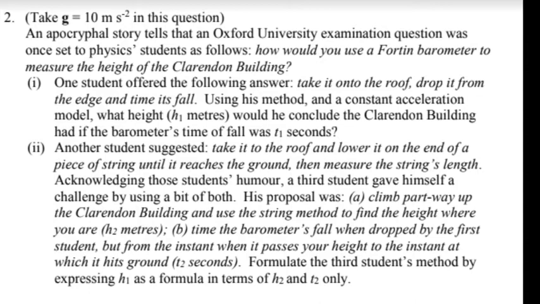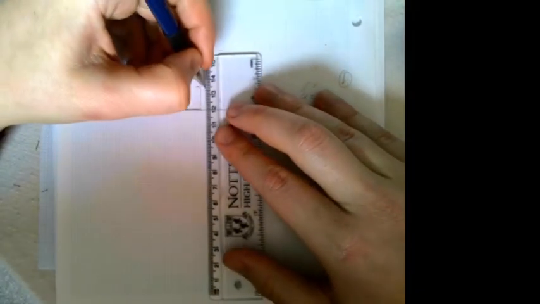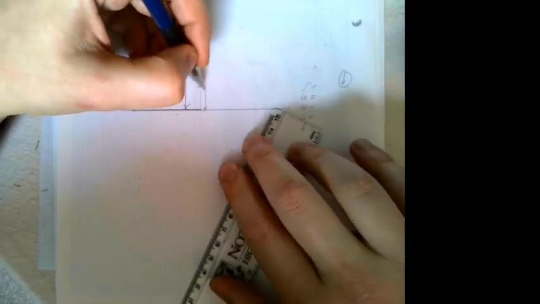So the key to this question is going to be getting that information deciphered down into a sketch and working through our SUVAT formulae using what we've found, expressed in the way that the question has given it to us. So we've been told to define our h2, our height that we've climbed, as this.